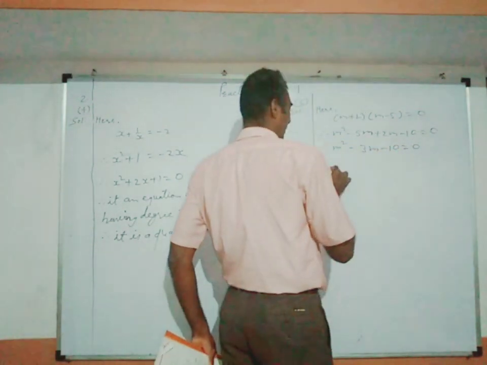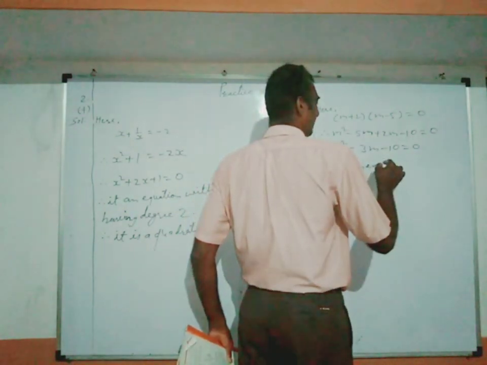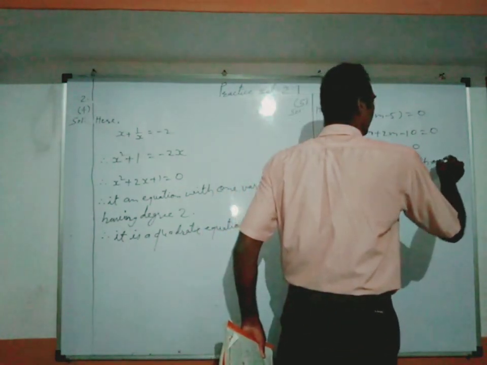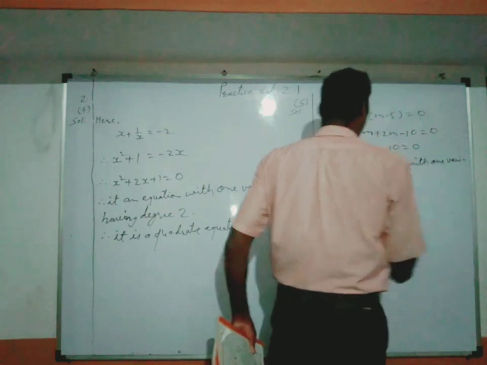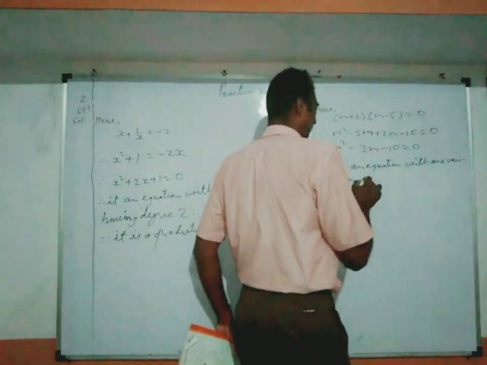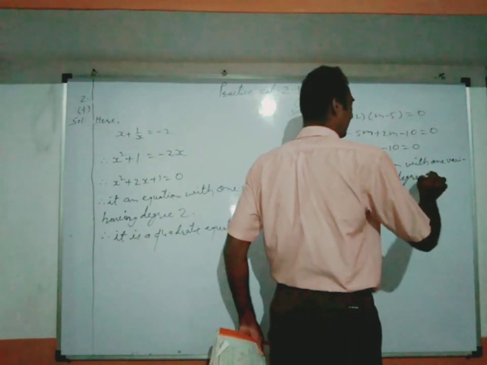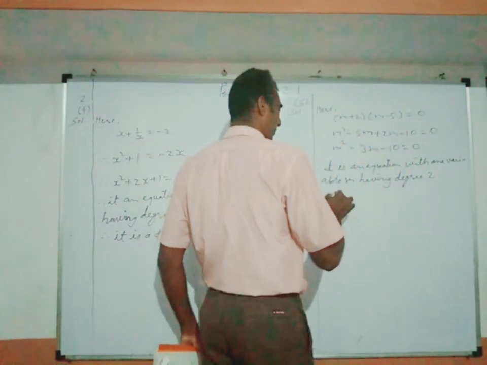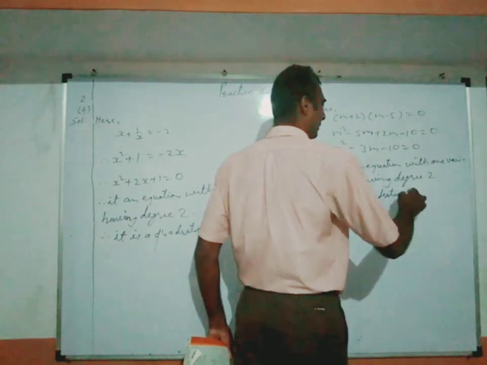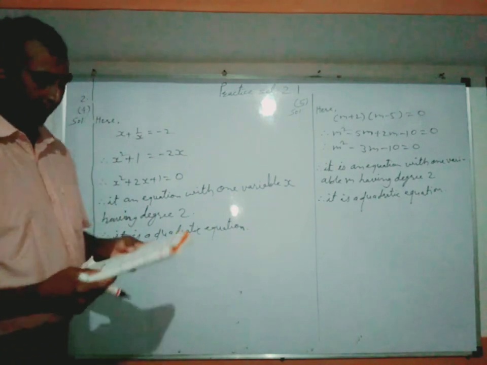And therefore, it is an equation with one variable, which is the variable m, having degree 2. Therefore, it is a quadratic equation. Okay, it is a quadratic equation.